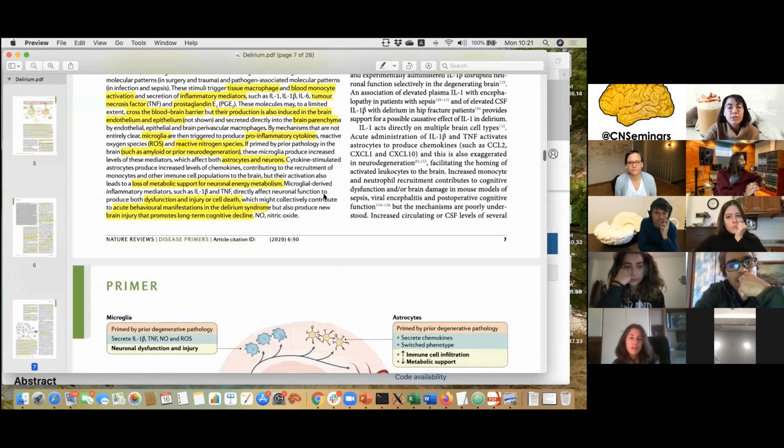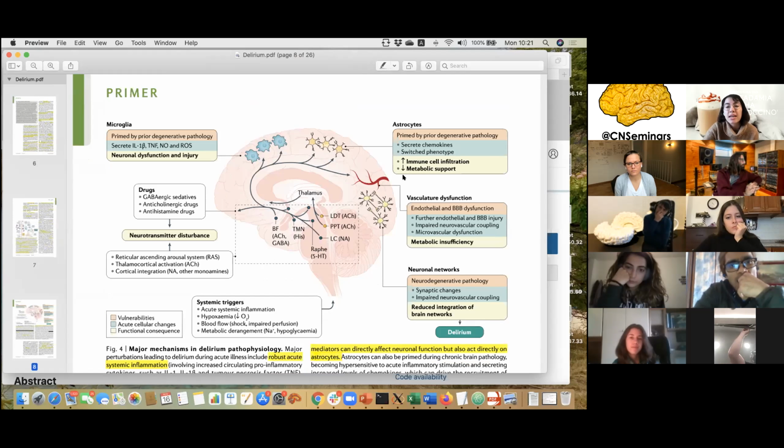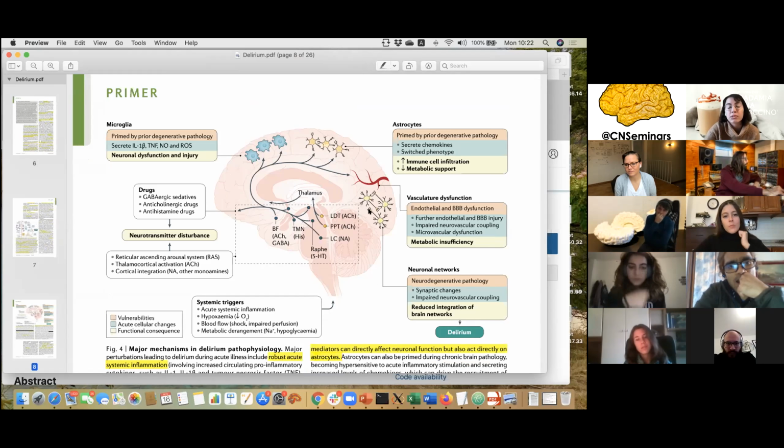And also here you have the combination of the macroglia, astrocytes, and neurons with the neurotransmitter system, in particular the arousal system, that can interact and create an imbalance and also trigger delirium.